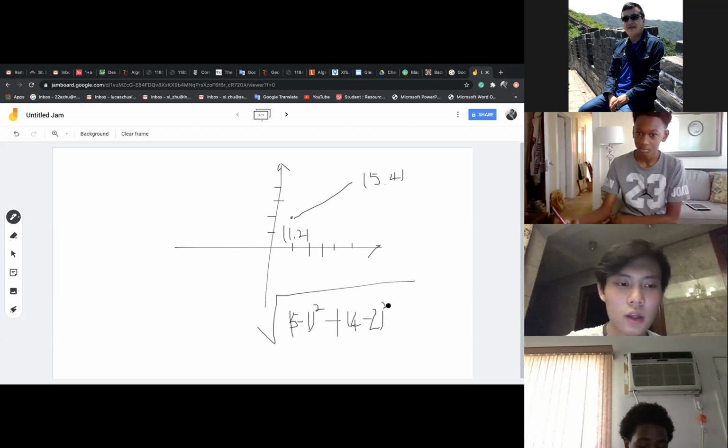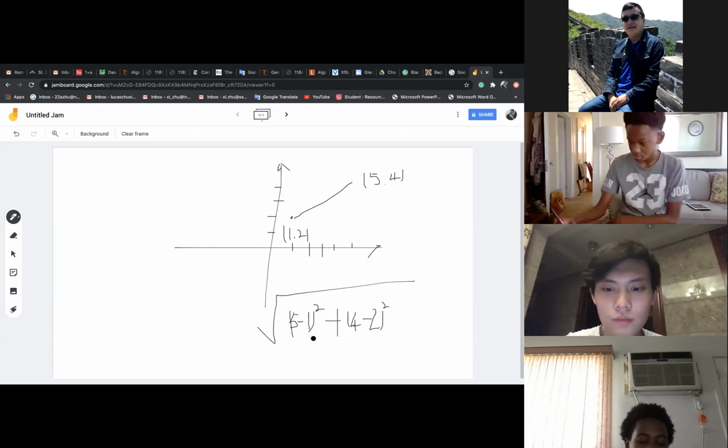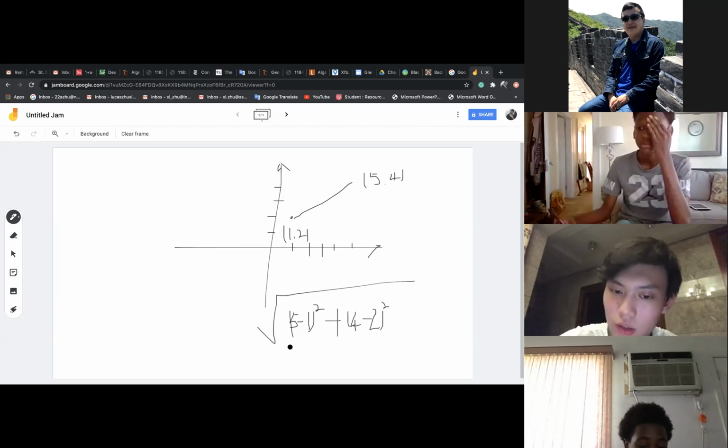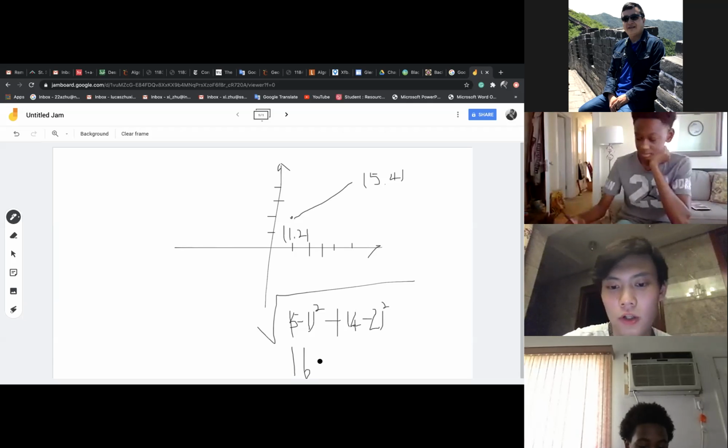So what do you get in the square root? 20. Yep, it's 20. Here you get 16, right? 4 squared is 16, and 2 squared is 4.